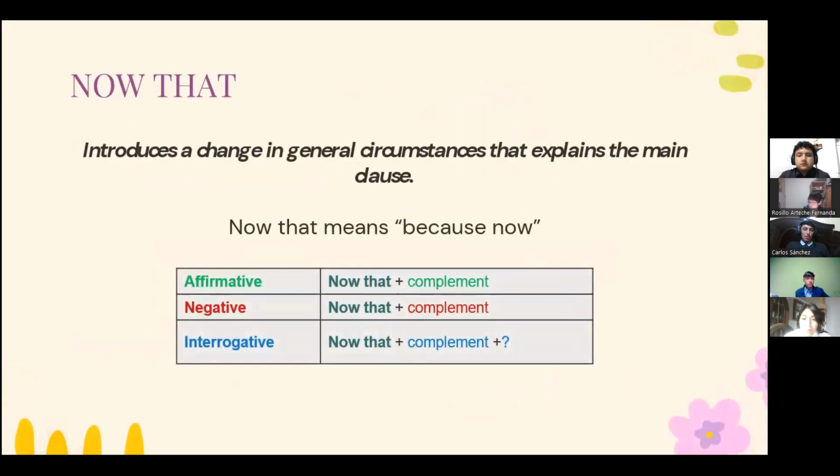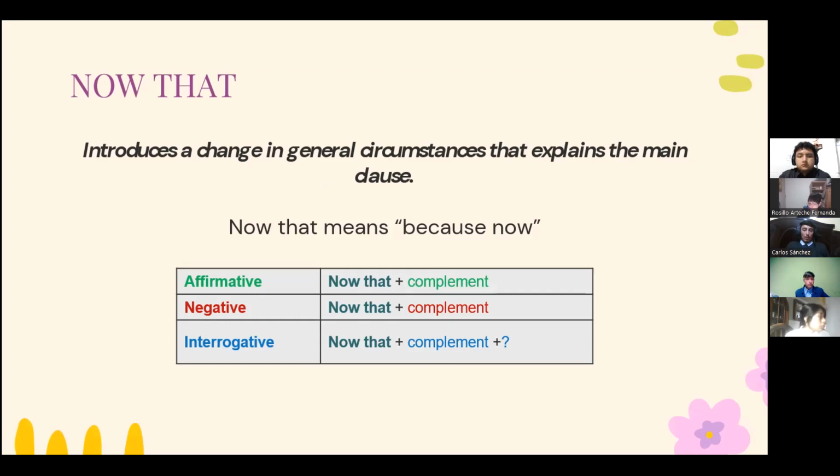The next clause is now that. It introduces a change in general circumstance that explains the main clause. Now that means because now. In affirmative, now that plus complement. In negative, now that plus complement.